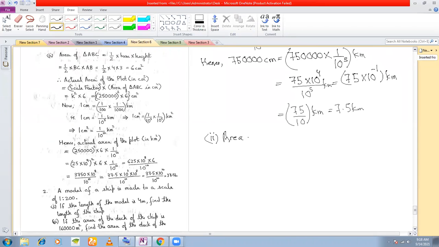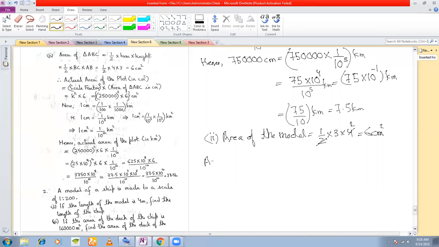Let's calculate the area of the model. Half base into height. That means half into 3 into 4, which is 6 centimeters square. Right?